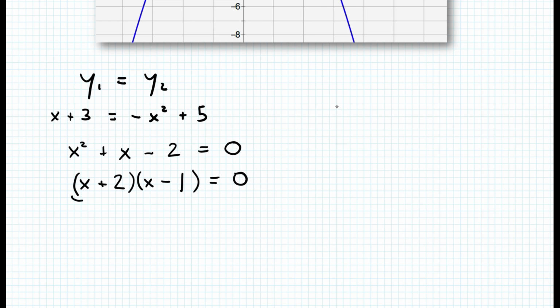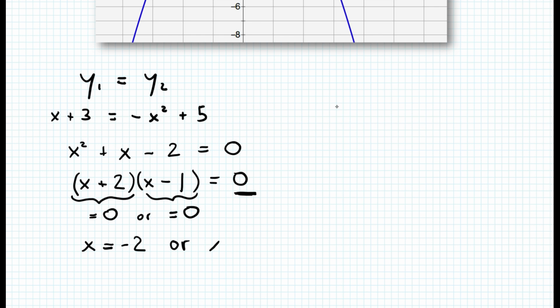Now that is equal to 0. So what has to be true is that this has to be equal to 0, or this has to be equal to 0, in order for this equation to be equal to 0. Which means that if x plus 2 is 0, then x is negative 2.